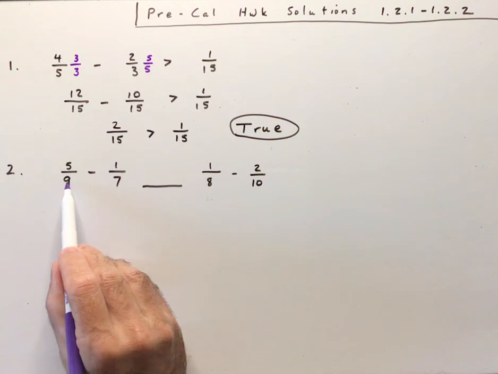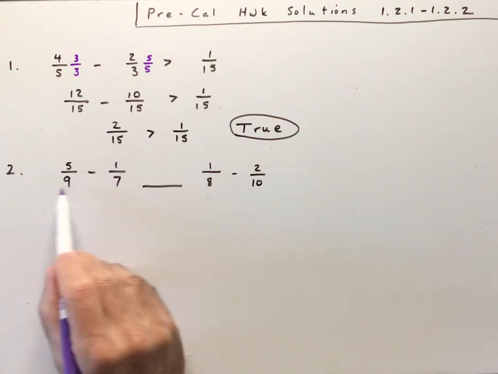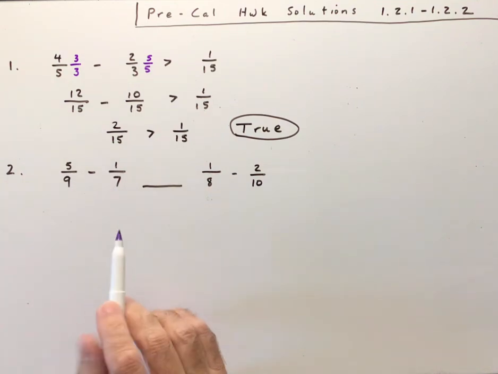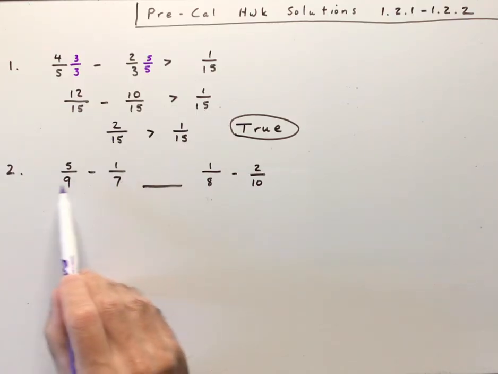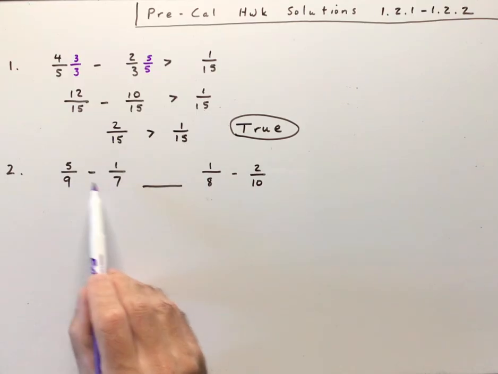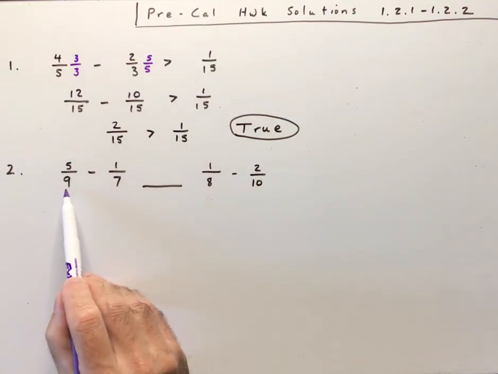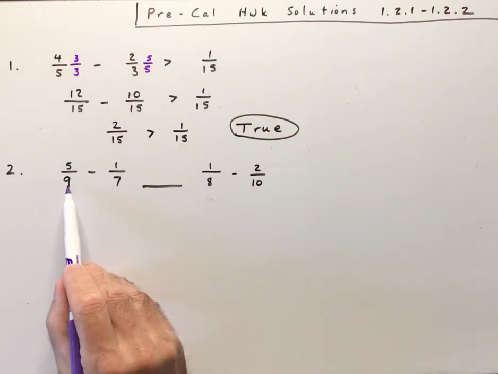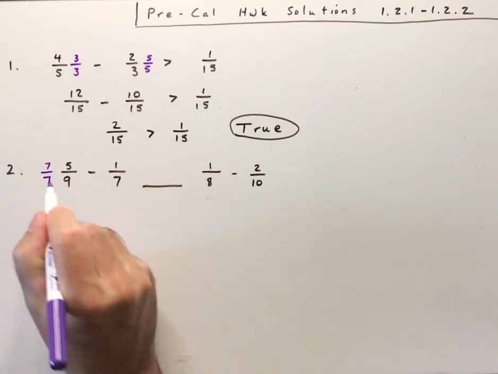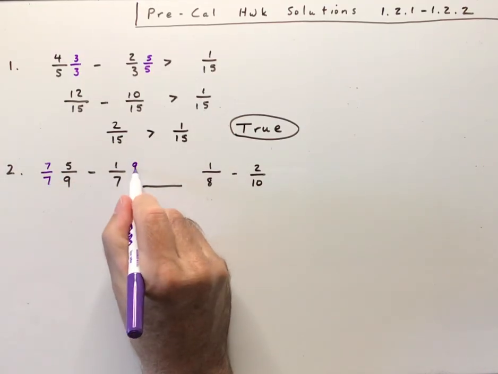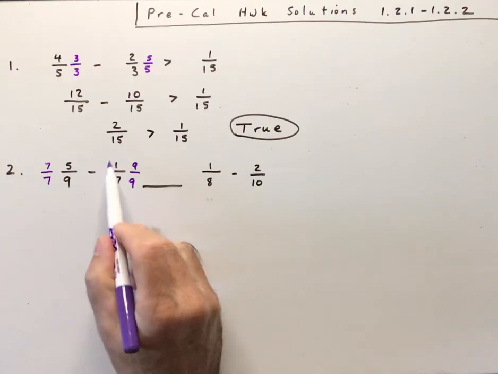So 9 times 7 is 63. If right away you don't see what the common denominator is, just multiply the two denominators. So to get this 5/9 in terms of 63 on the denominator, we could multiply by 7/7, and then by 9/9 for 1/7.